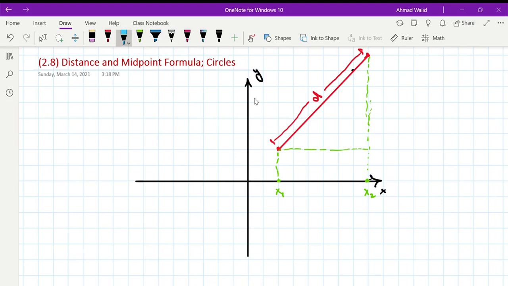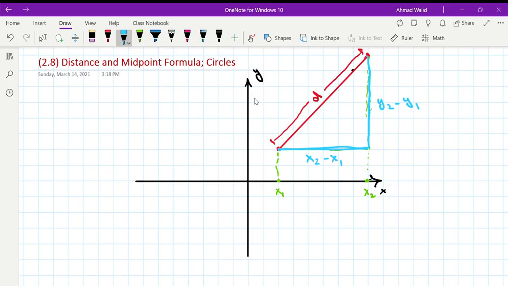Let me draw this triangle now for you. How much is this blue distance? We already discussed this. This distance is x2 minus x1, correct? And if I draw from here to that point another vertical line, this distance is y2 minus y1.